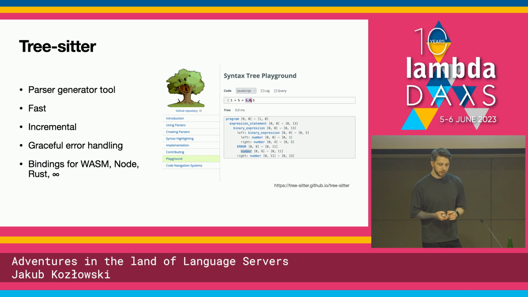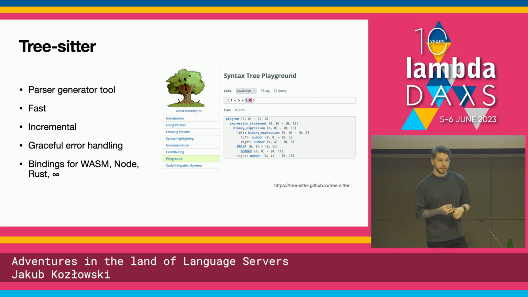And it handles errors gracefully. So for example, here I have a JavaScript file with an incorrect number. Even though it is invalid, it still gives me a parsed tree. It's just that there's going to be an error node somewhere inside.